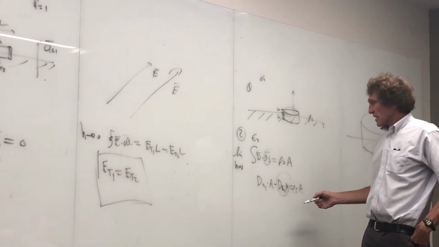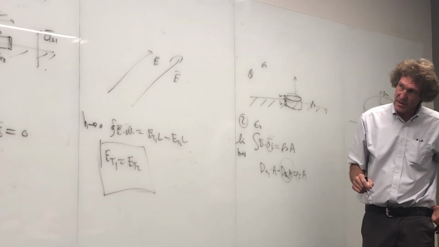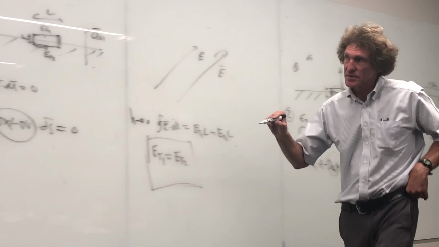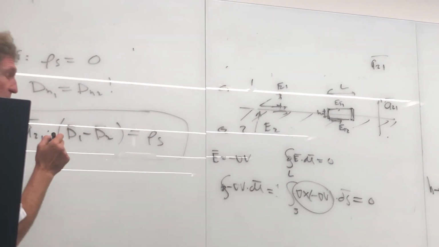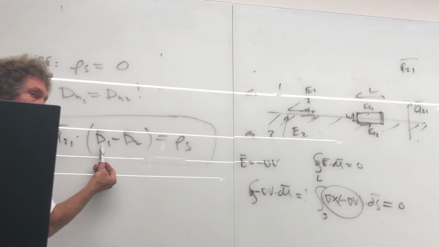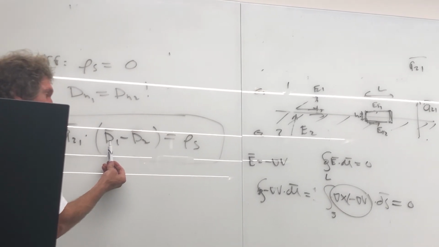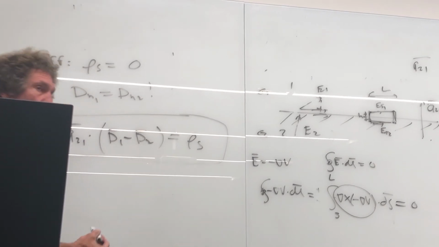And what effectively that does with that dot product is taking the surface vector here and using that as the normal. And whenever you have a normal and you dot it into these vectors, it only extracts the normal component. The other components that are horizontal, that aren't parallel to it, are zero. So this is really d normal 1 minus d normal 2 is equal to rho s.